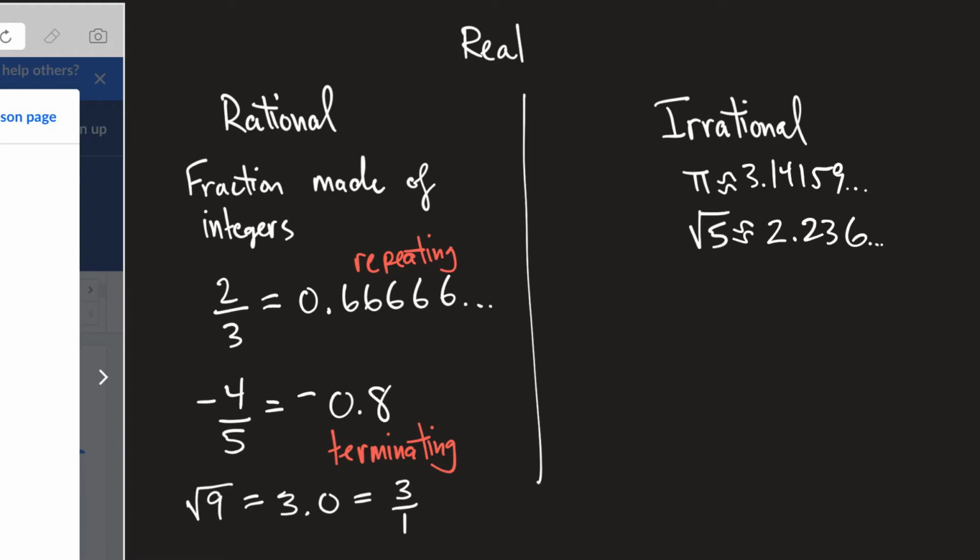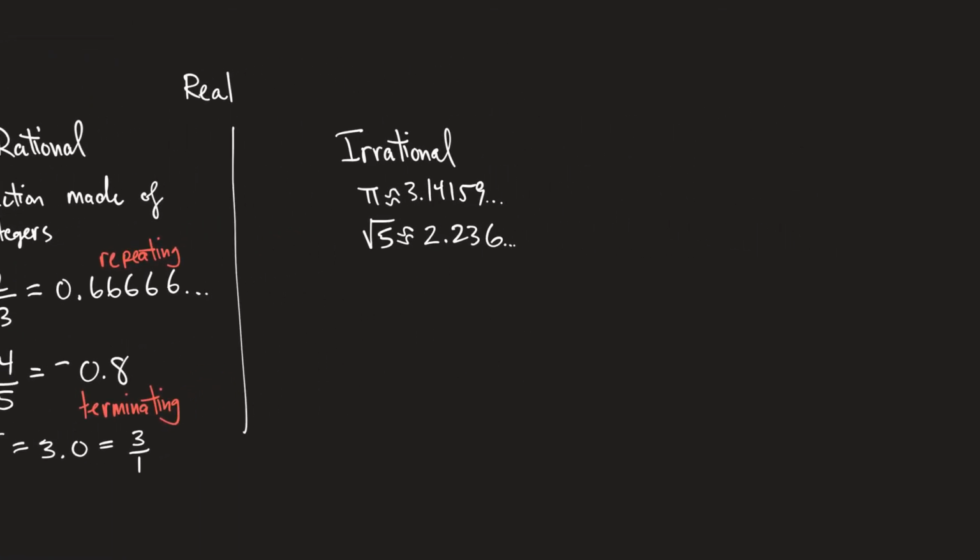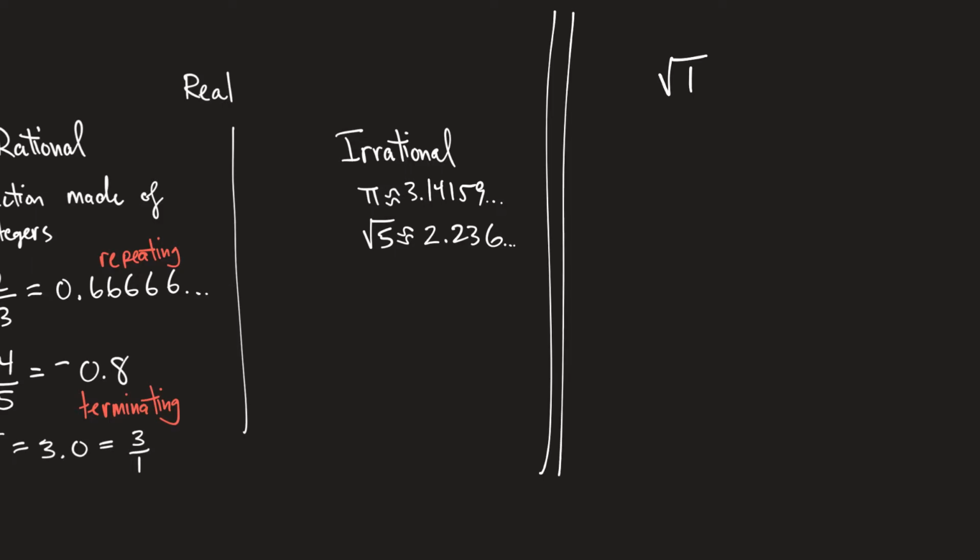So what I could do is bring this over and separate this here. When we're talking about square roots, the square root of 1 is 1. The square root of 2, putting in a different color for a reason, is 1.14. I don't know what that is after that.